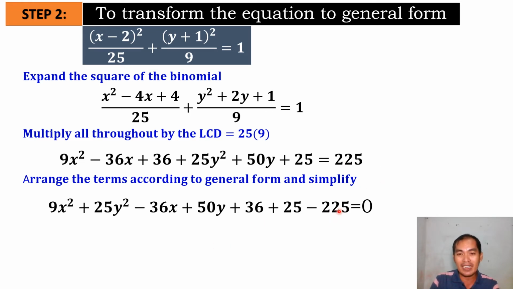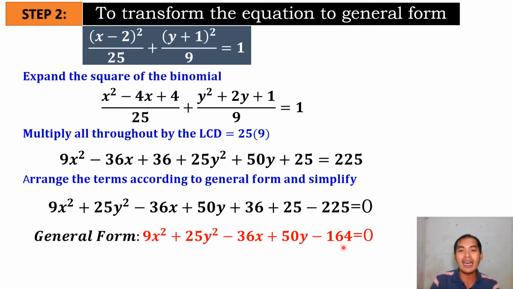Then simplify the constant. So we have now negative 164. So you just copy 9x squared plus 25y squared minus 36x plus 50y minus 164 equals 0, which is the general form of the ellipse.